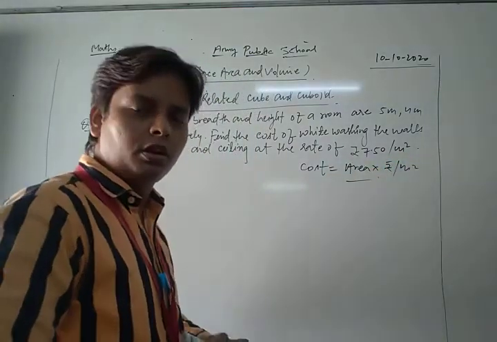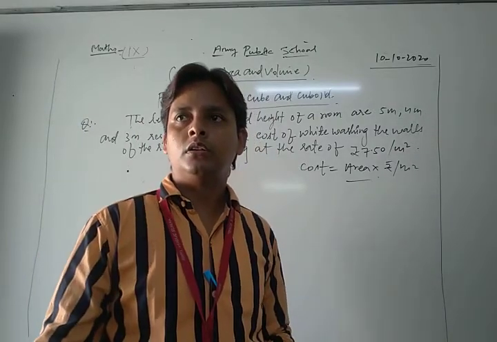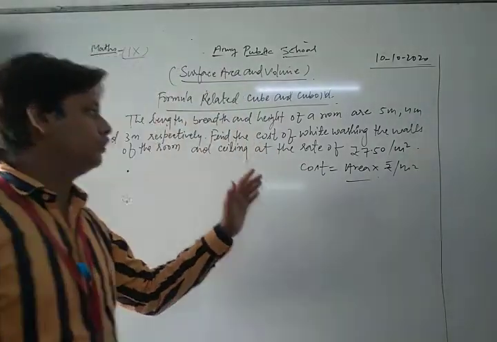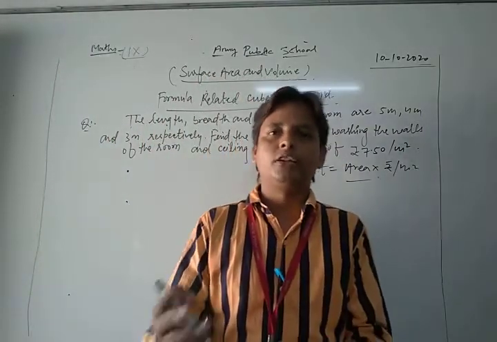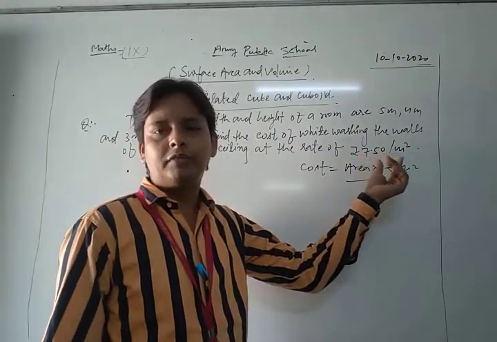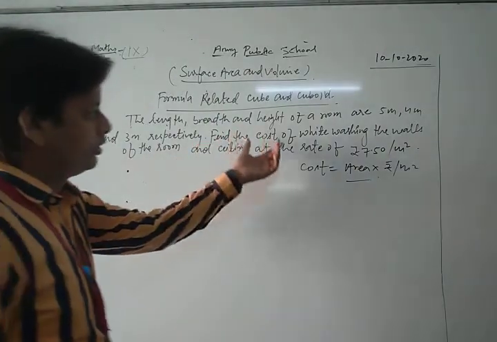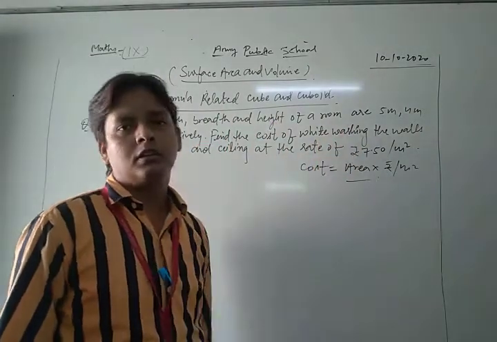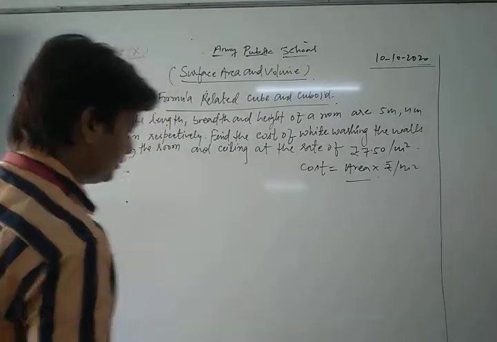So first of all we find the area of all 4 walls of the room and also the ceiling. Then we multiply it by 7.50. In this way we find the required cost of whitewashing. Now let's see its solution.